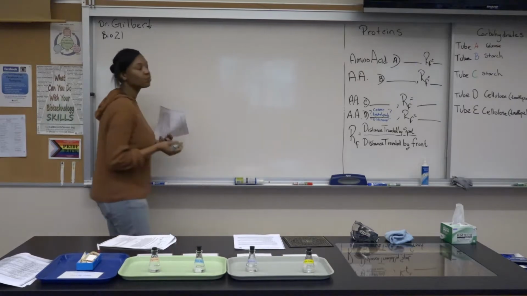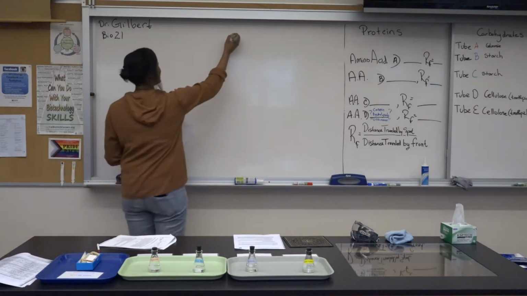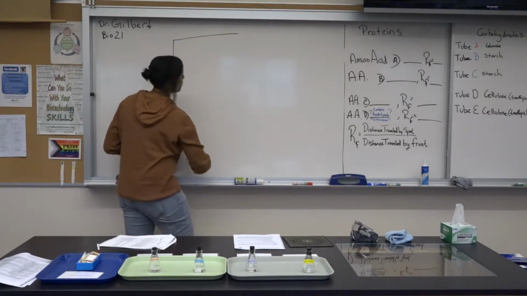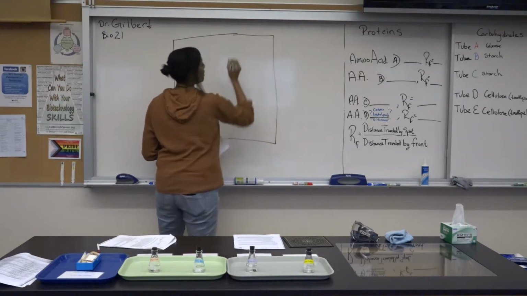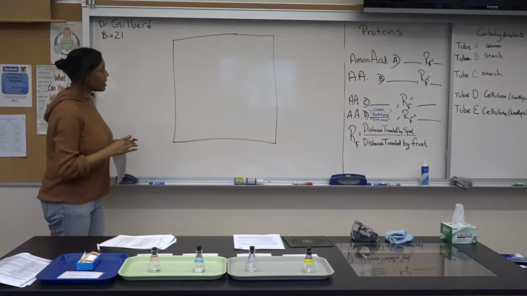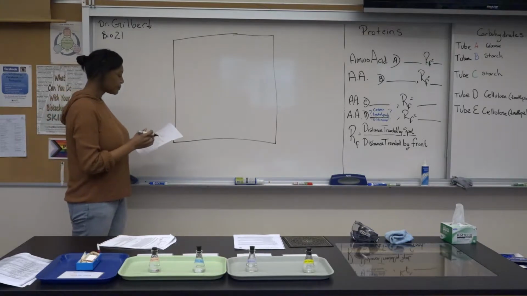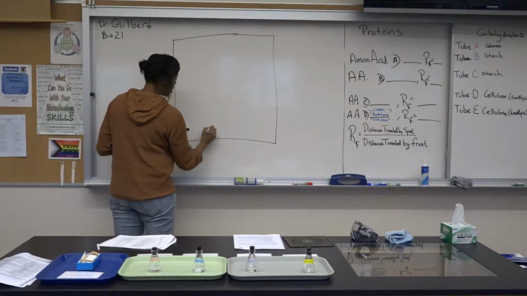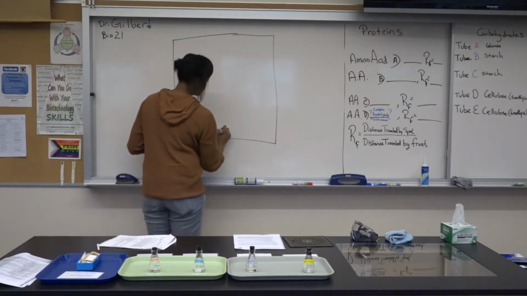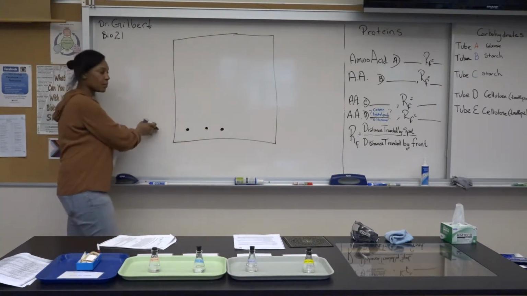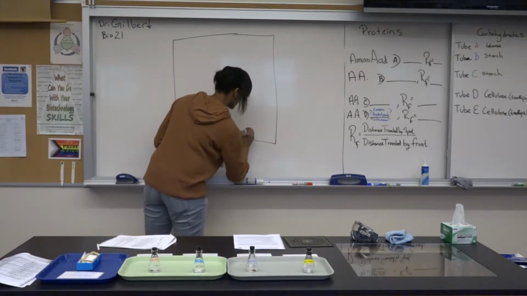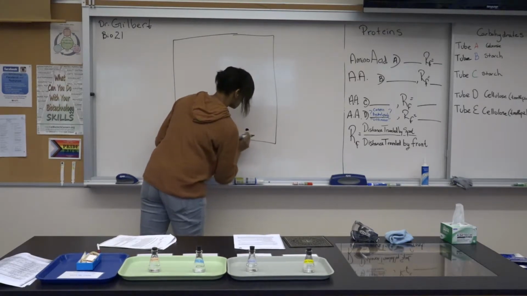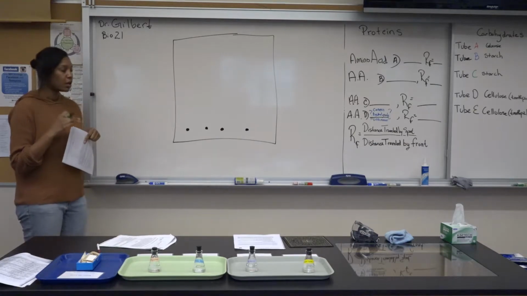And what we're going to do today is take a chromatography strip. I've blown it up on the board here for illustration, and we're going to put spots of our known amino acids at the bottom of the paper, all at the same line, and at the same starting position we'll put our unknown amino acid.